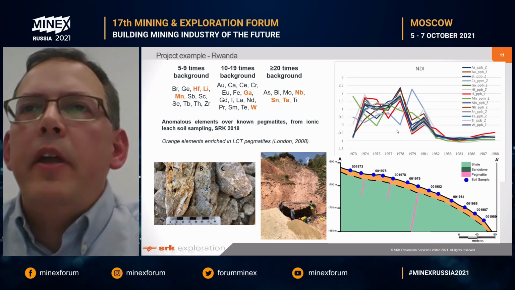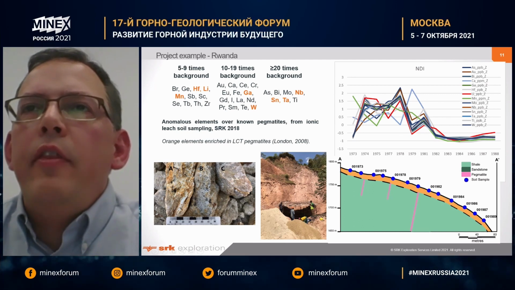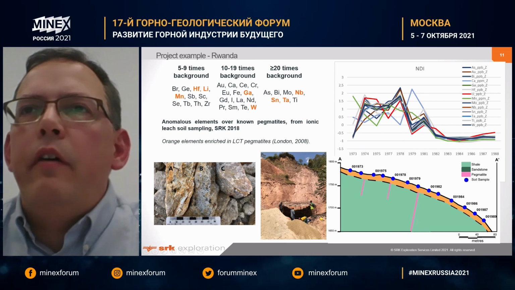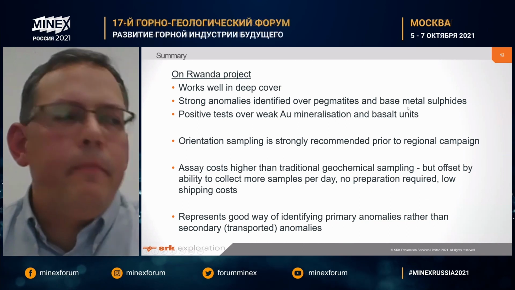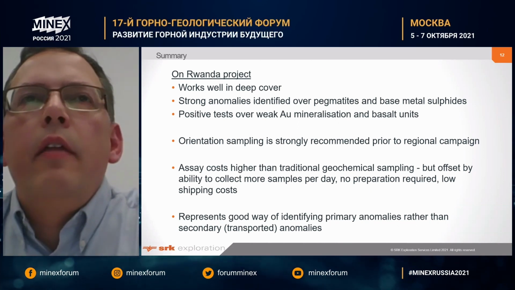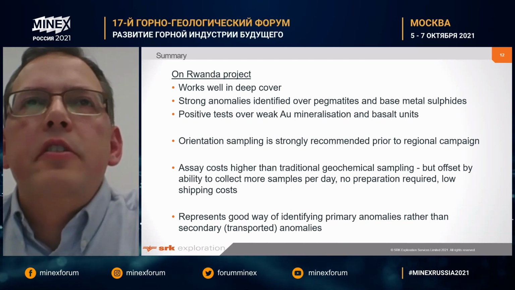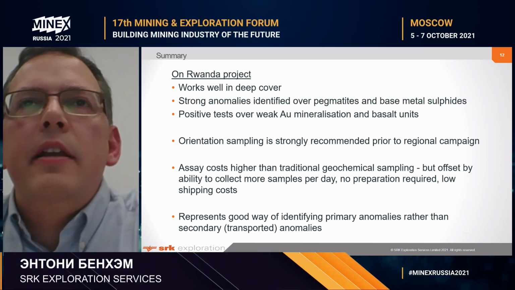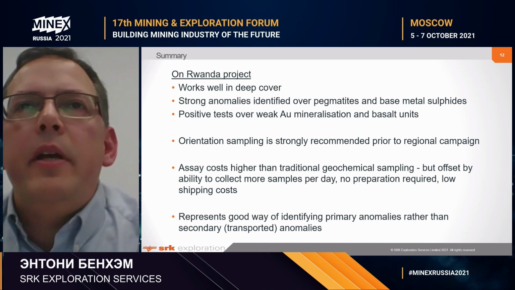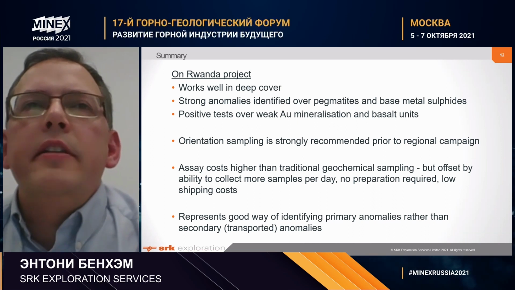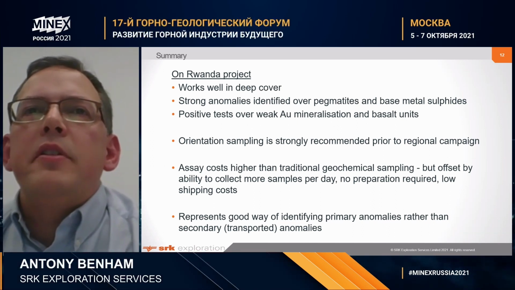And you can see from the graph above that the anomalies are directly above the pegmatite veins. So in summary, we can show from the work that we undertook in Rwanda that it worked very well in a deep cover situation. The cover there was more than 15 meters in places, and it identified strong anomalies over the pegmatites.